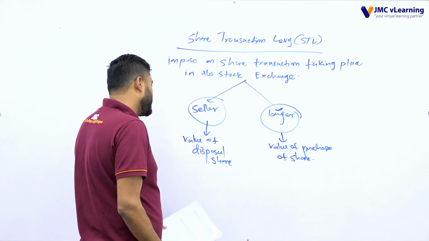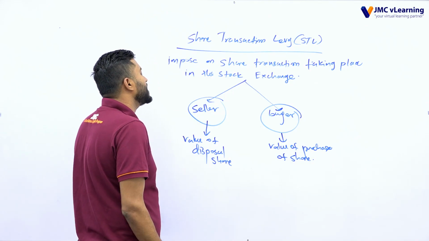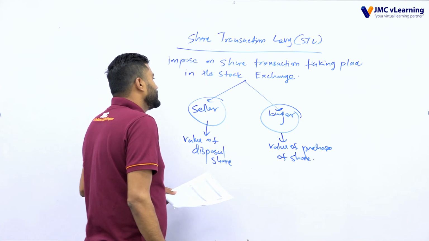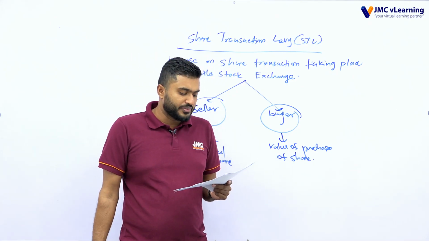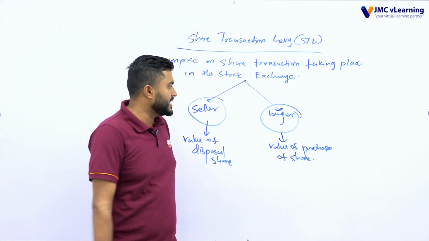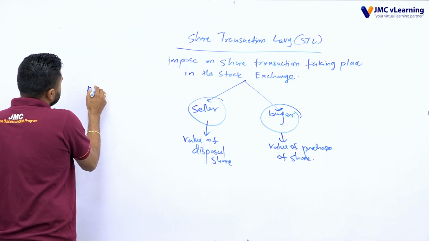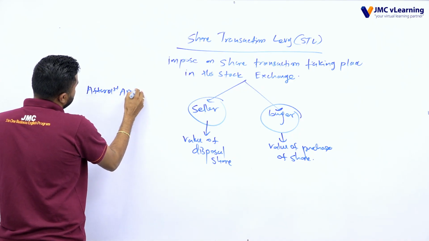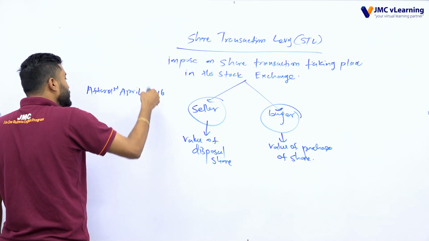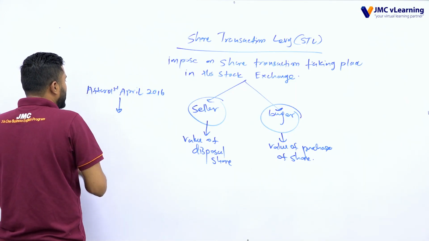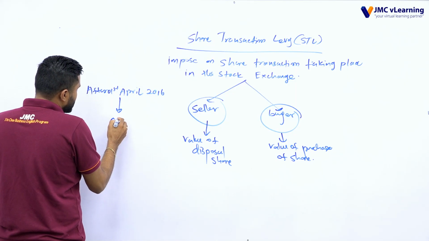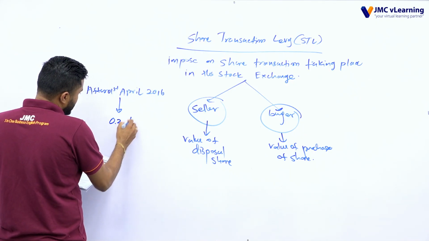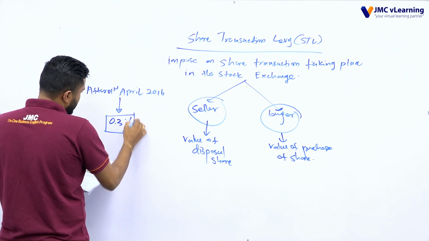So now you should know the percentage of the share transaction levy. There were different rates earlier, but after 1st April 2016 until today, the applicable rate is 0.3%.